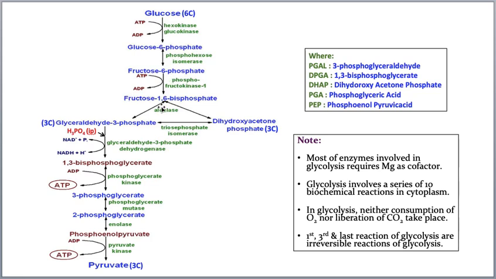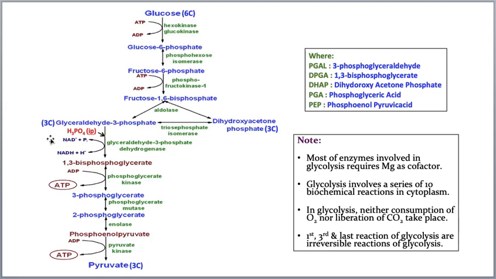Now this fructose 1,6 bisphosphate, with the help of aldolase, breaks down to form two equal molecules. Here how many carbons are there? 6 carbons are there. Now these 6 carbons undergo equal breakdown. So 3 carbons come here and 3 carbons come here.